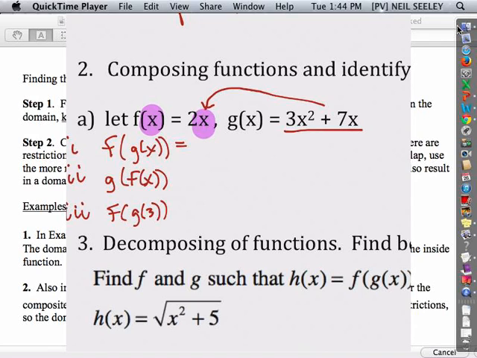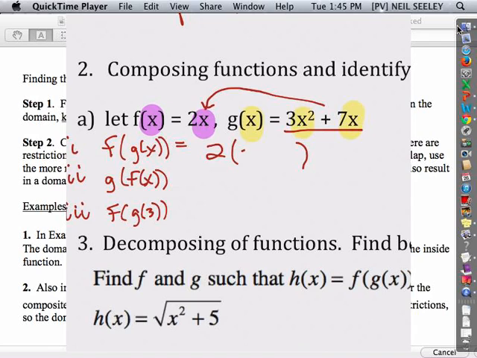So f of g of x means I use f as my framework, 2x, but I'm going to use 2 parentheses, because I have to leave room to put in all the g of x where x used to be.